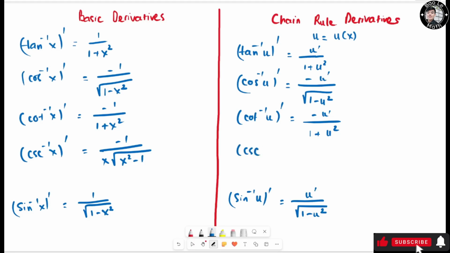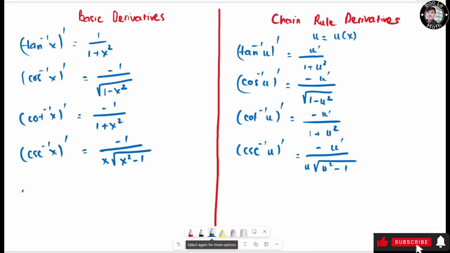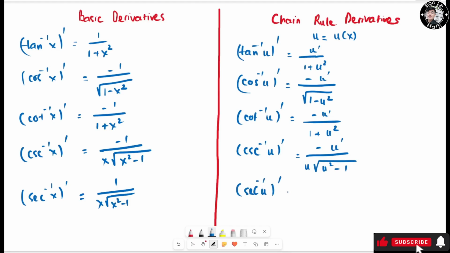(Inverse cosecant u)' is negative u' over u square root of u squared minus 1. (Inverse secant x)' is 1 over x square root of x squared minus 1. (Inverse secant u)' is u' over u times square root of u squared minus 1.